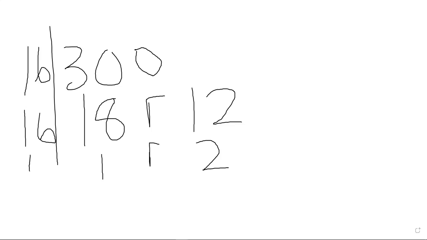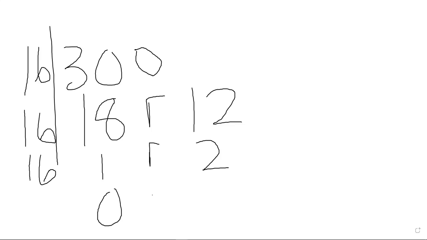To get my remainder, I multiply 16 by 18 and get 288. So my remainder is 300 minus 288, which is 12. Then I say 16 into 18, I get the answer 1, and my remainder is 2.